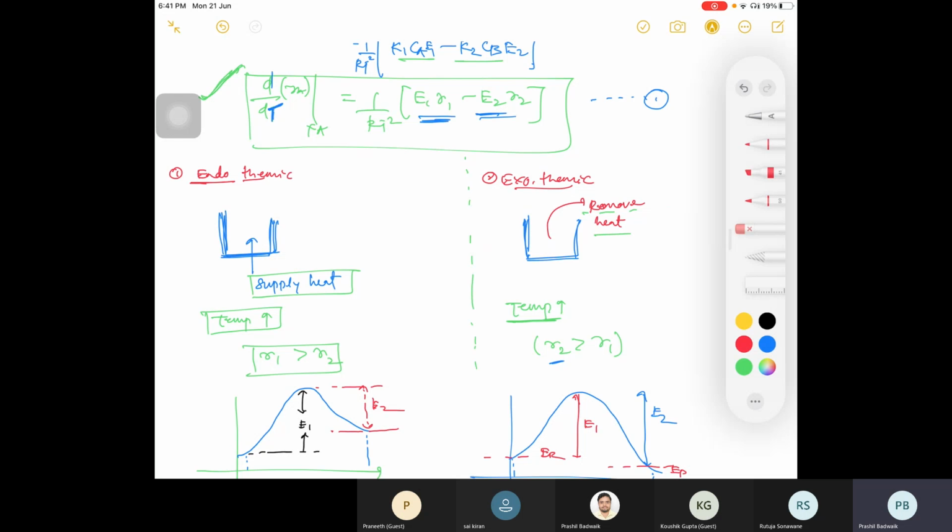But in case of exothermic reaction only, you are having two cases. You cannot calculate this using this equation also.